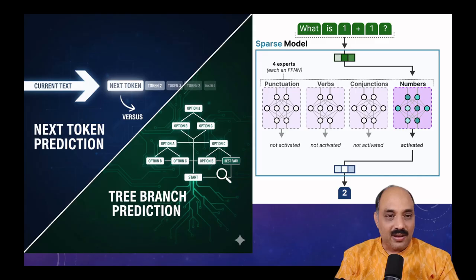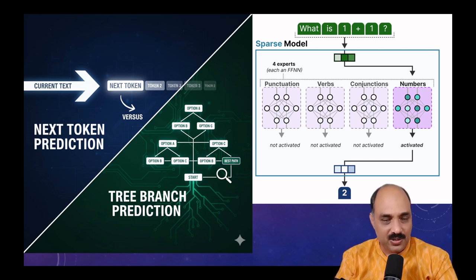Not next branch prediction. There are some models, for example a sparse model or a mixture of experts model, where the decision depends on which function to activate, and that function is basically a branching function.